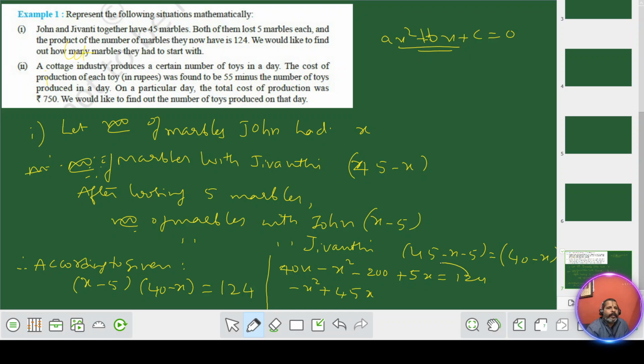I'll take 124 to the left hand side. So 124 minus 200, 200 minus 124, 76. Minus 76 equal to 0. Again here take out minus common. So minus of x square minus 45x plus 76 equal to 0. Therefore the required quadratic equation comes to x square minus 45x plus 76 is equal to 0. Clear?